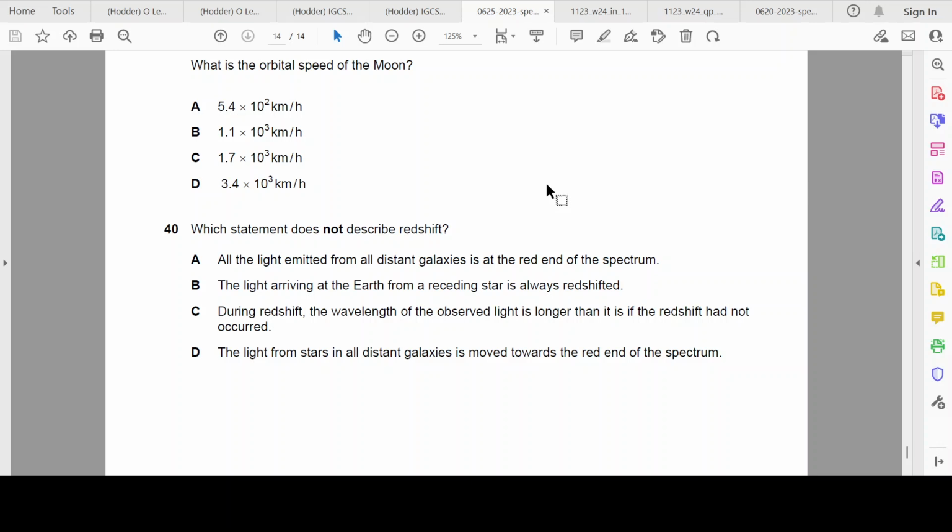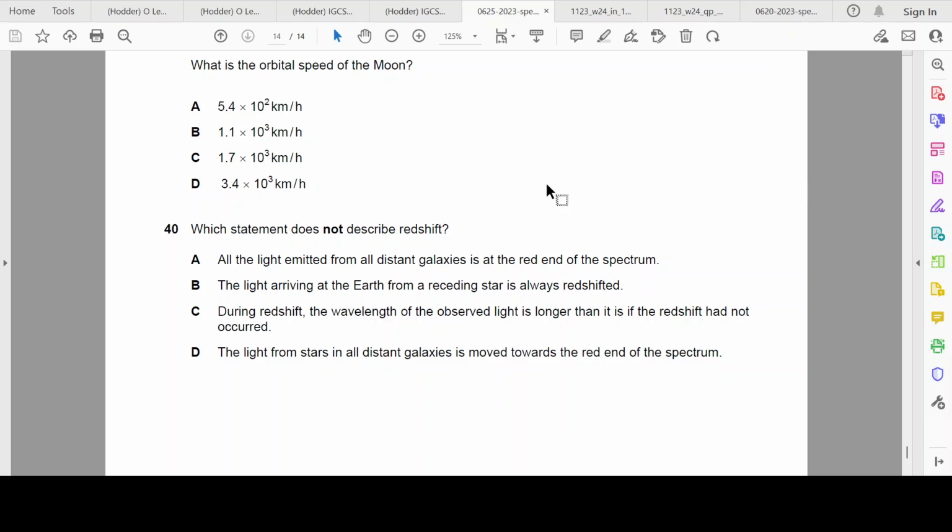D. The light from stars in all distant galaxies is moved towards the red end of the spectrum. That is exactly what redshift is, so that's a correct statement, and we're not looking for the correct answer. Let's look at B: the light arriving at the Earth from a receding star is always redshifted. Receding means going away from you. That's true.